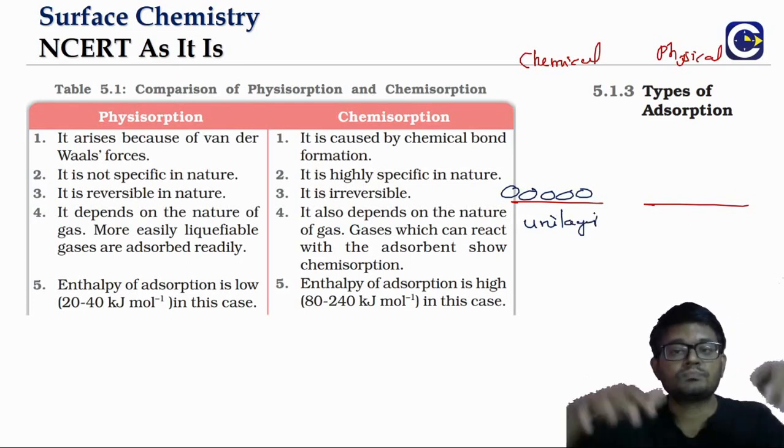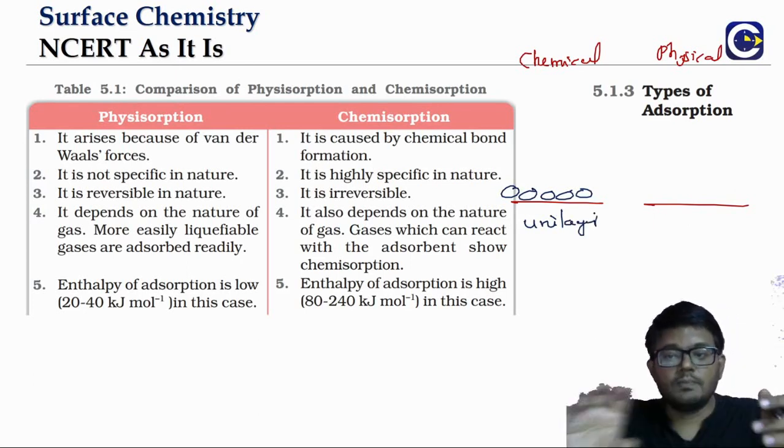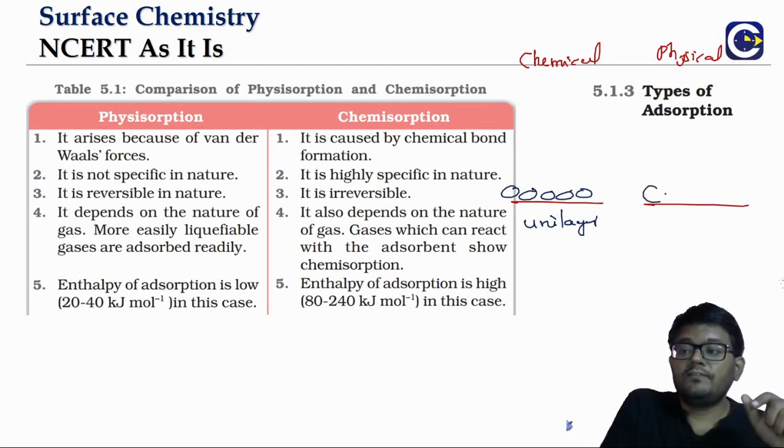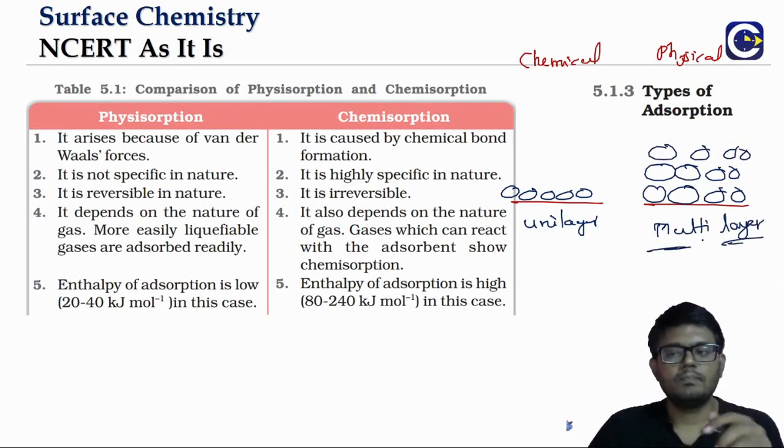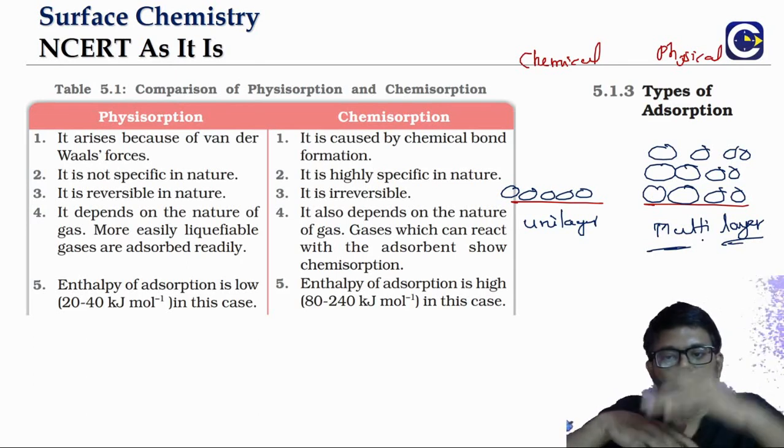Why? Because the particles will come and form a chemical bond, and that's it. Only one layer can form. But a physical adsorption is a multi-layer phenomenon. You don't have chemical bonding, only the van der Waals interaction.